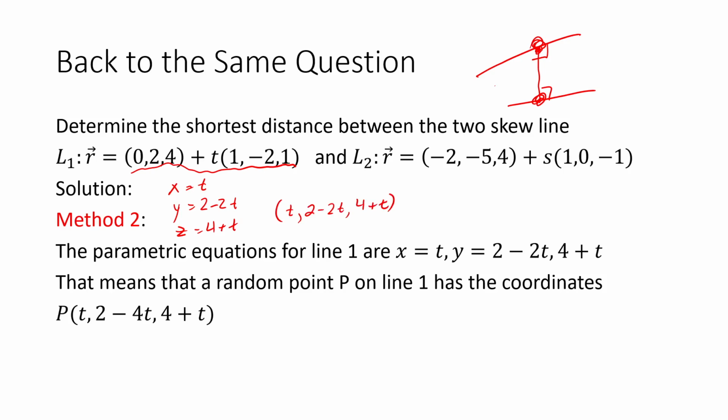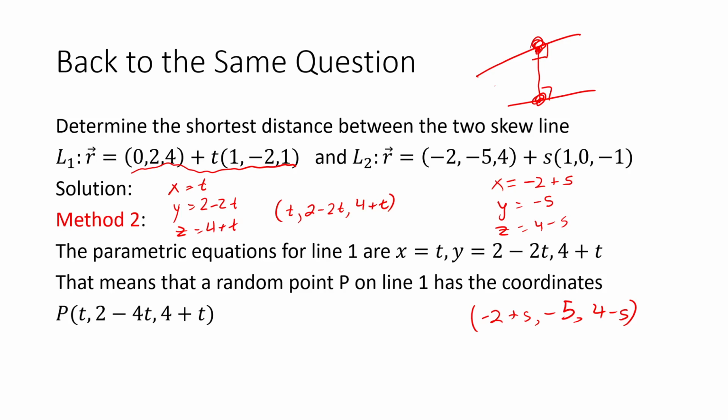And then the second line has the parametric equations x = -2 + s, y = -5, and z = 4 - s. And what that means is that every point on the second line will have the coordinates (-2 + s, -5, 4 - s).